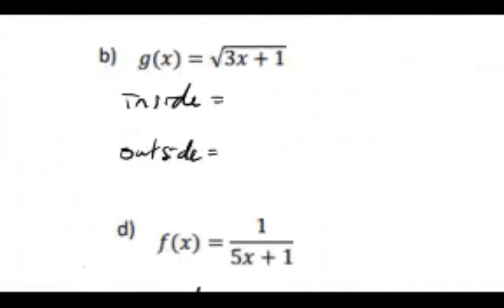The inside function is the one that you guys kind of have to find, okay? So this guy B, if we know the outside function is square root of x squared plus 1, what's the inside function?